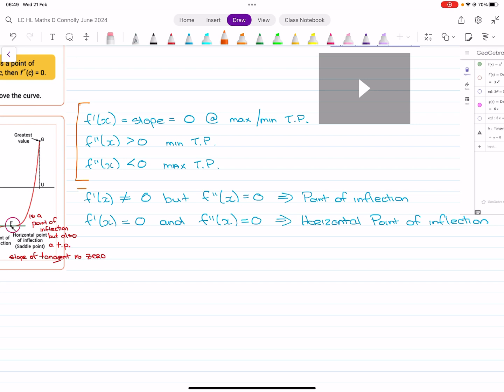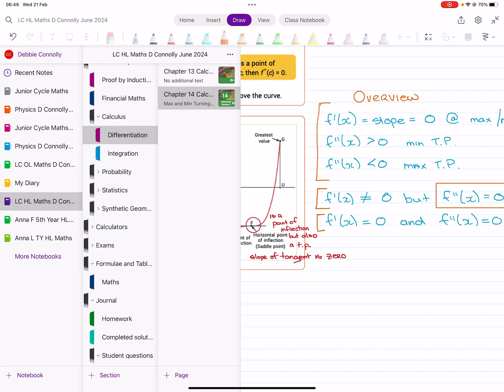If you're doing a point of inflection, this is where we are. So we use this outcome here to help us find a point of inflection. And if it's a horizontal point of inflection, it's this here. I talked about all that in the video yesterday. I just never came back to the overview. So there is an overview, which is handy, I think.